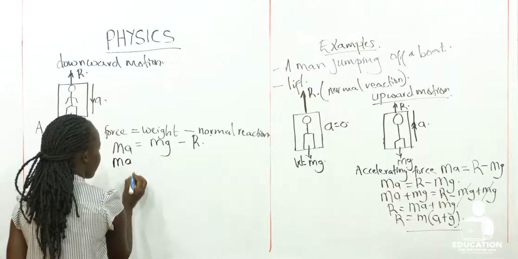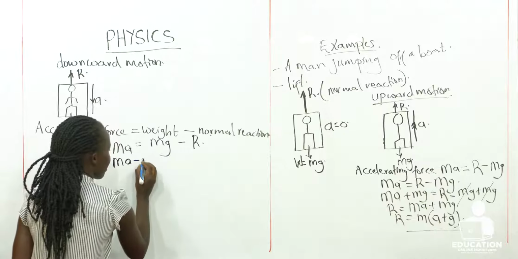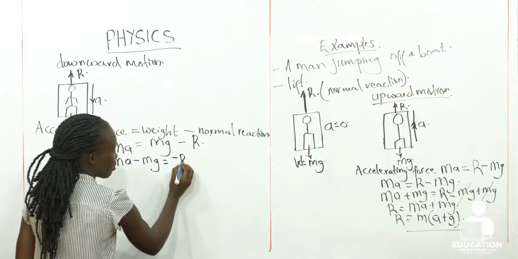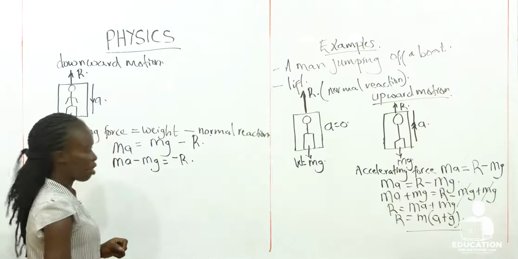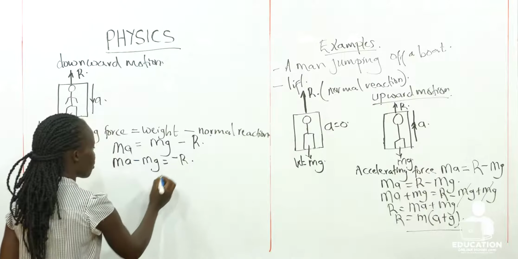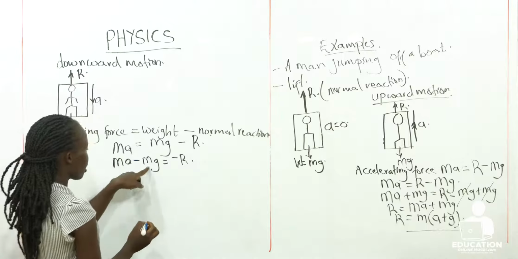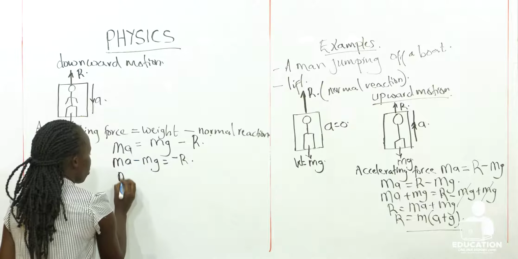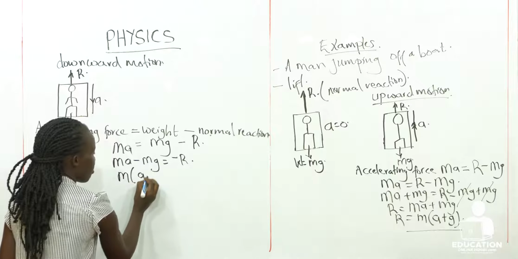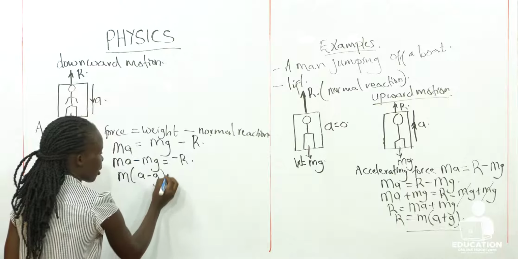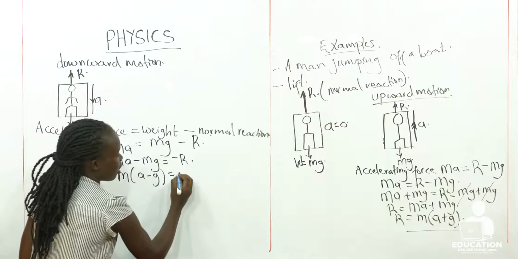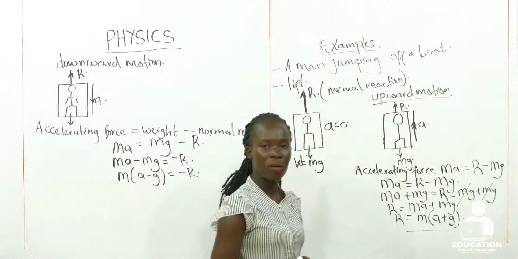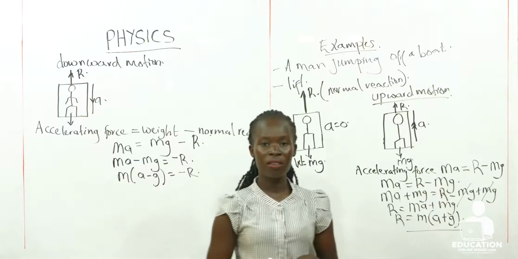So we shall have ma minus mg is equal to negative R. If you try to factorize your m out, you'll be left with m(a minus g), equal to negative R. We do not want the coefficient of R to be negative, but positive.